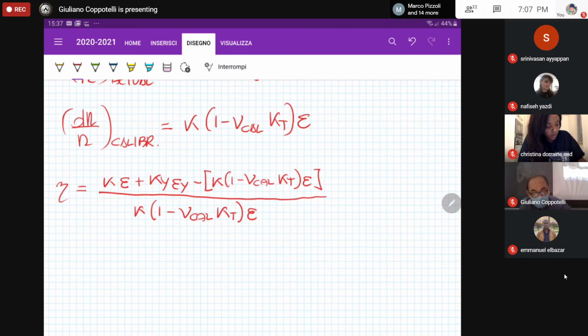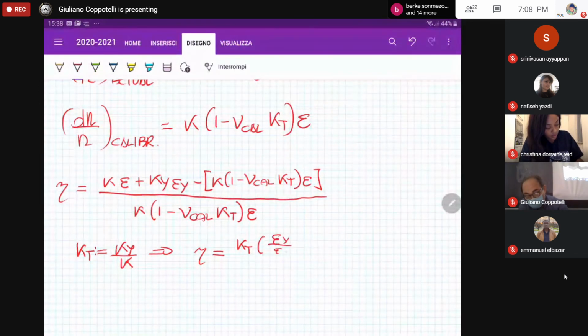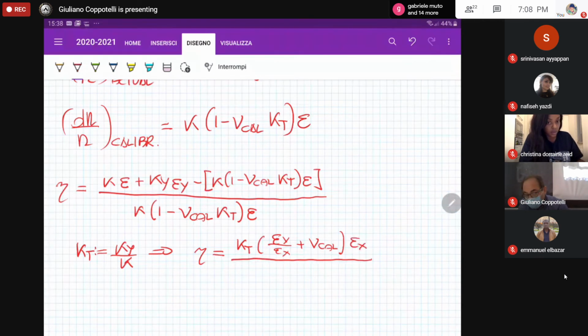Remember, KT is equal to, by definition, the ratio between Ky and K. That means that eta could be rewritten as KT epsilon y over epsilon x plus the calibrating epsilon x divided by 1 minus the calibrating epsilon x.